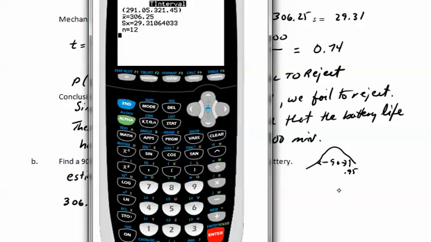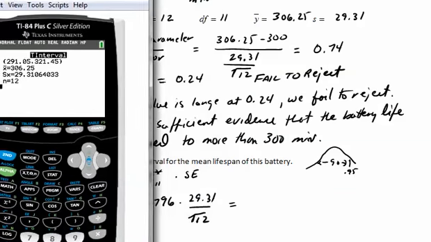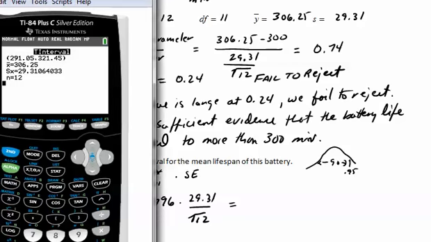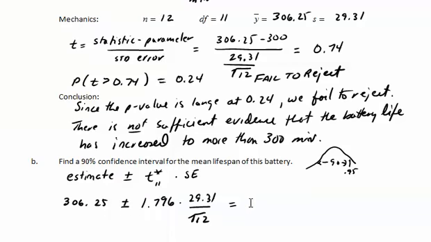I like this because it's so quick using the calculator, and I'm sure that I don't make any errors this way. There's my 291.05, comma, 321.45.